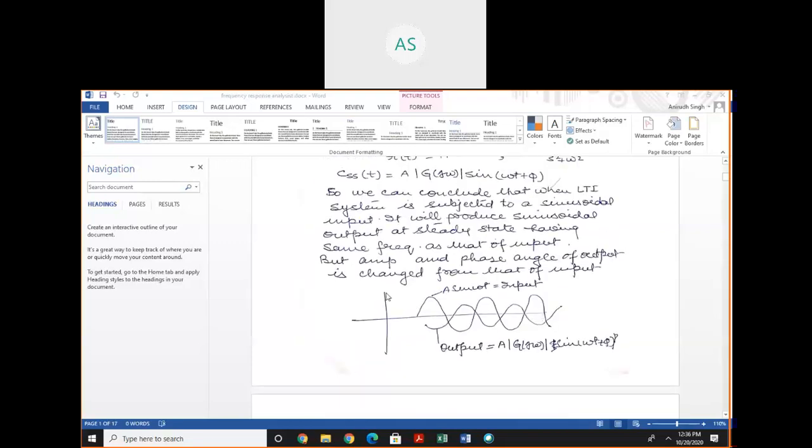If we give an input A sin omega t to an LTI system, this is the input, and we get an output like this. Both are sinusoidal, and the frequency is the same, but the amplitude is different and the phase is different.